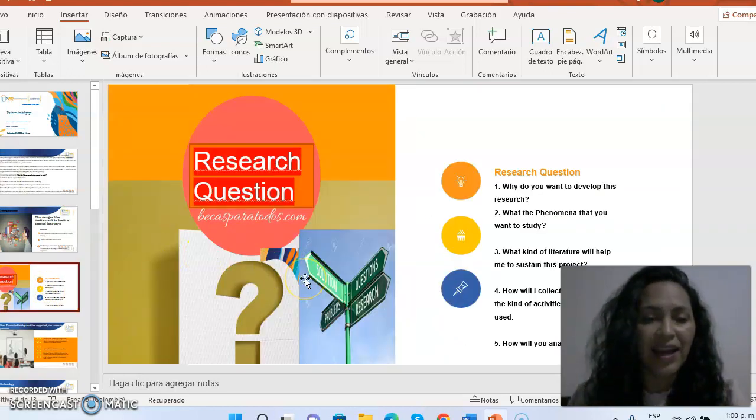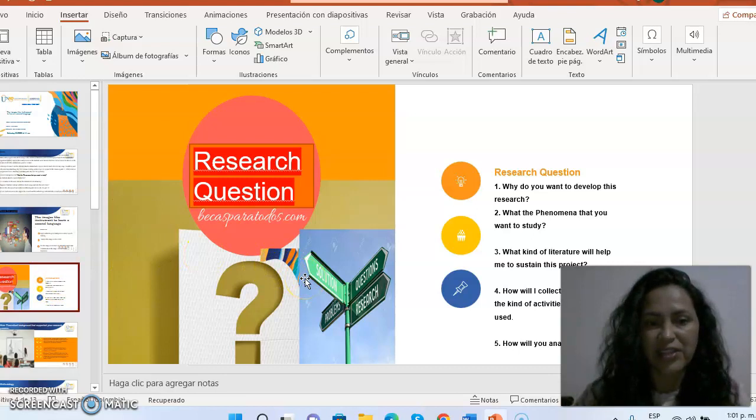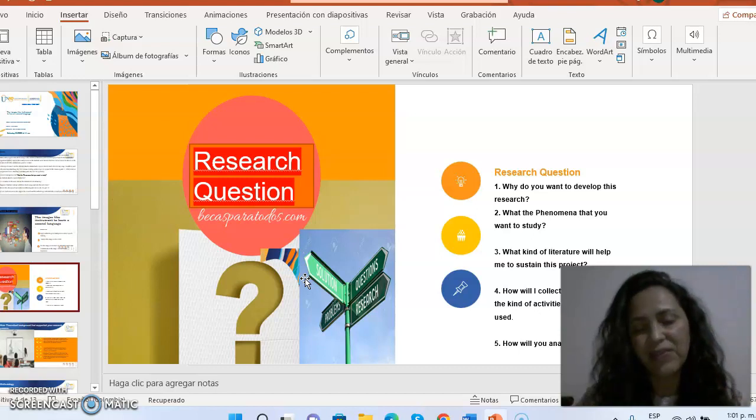Here you will find the research question. Why do you want to develop the research? As I said before, I chose this project because in the last semester, I saw that it was possible for the students to explain, to describe a simple image.